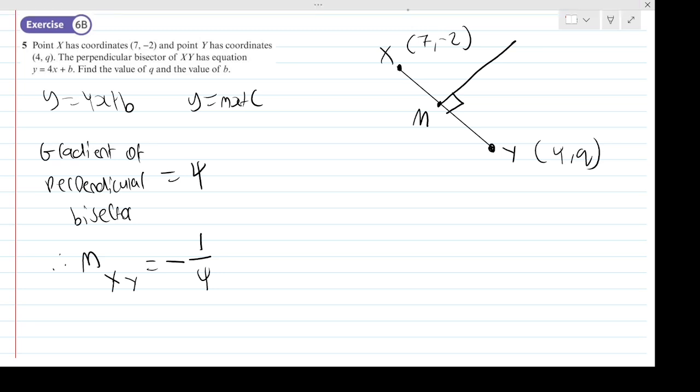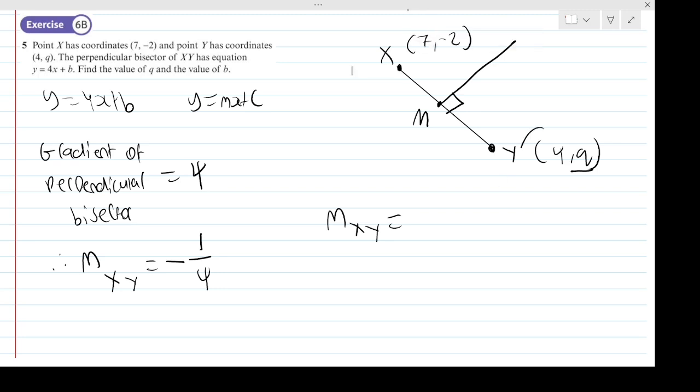But we can also work out the gradient by just computing the change in y over change in x, because we've got the 2 points. We can then also say that mxy is change in y over change in x. So let's do, well, that's a bit confusing because x, y are the points called as well.